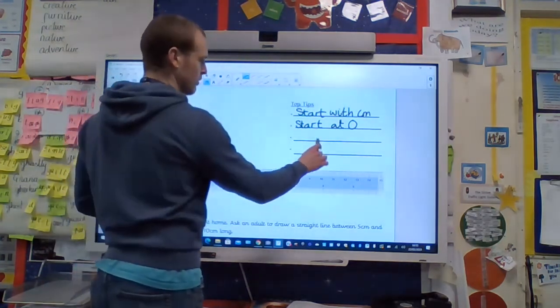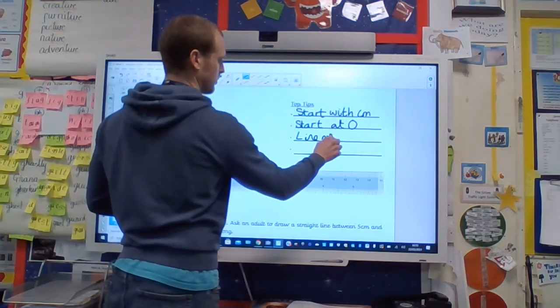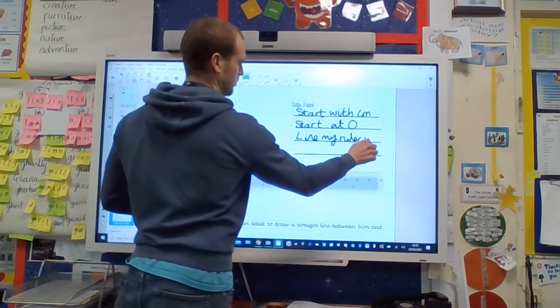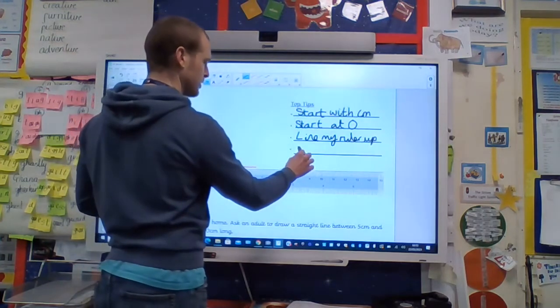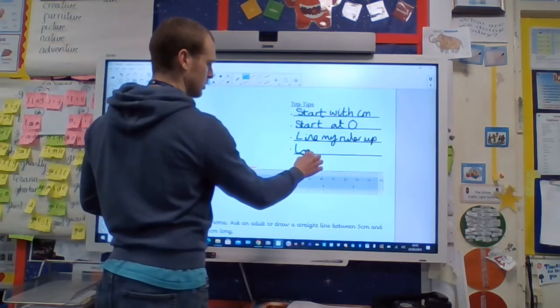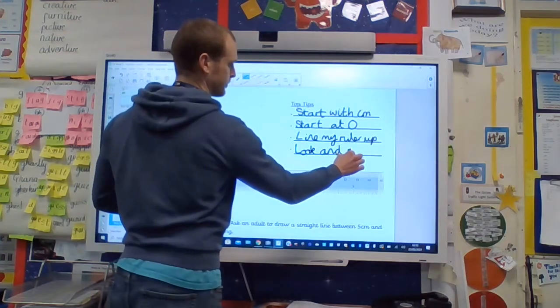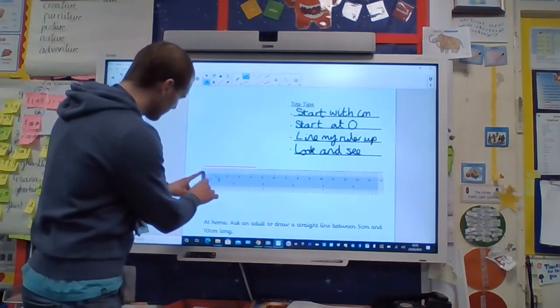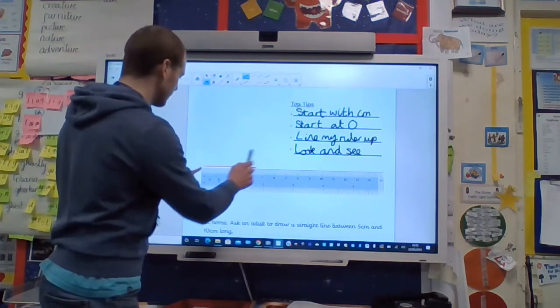I'm going to line my ruler up. Then I'm going to look along and stop at the end. Look and see. Started with 0, lined up, using centimetres, look and see.